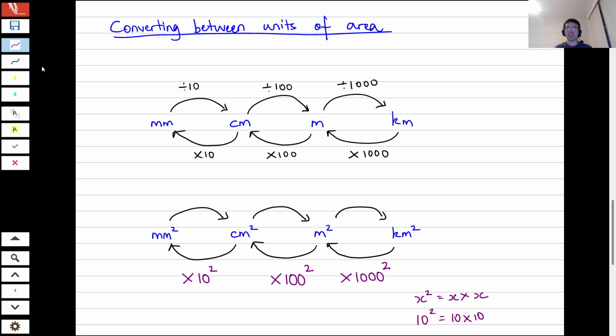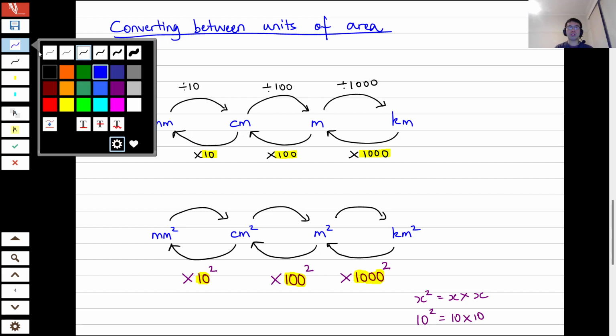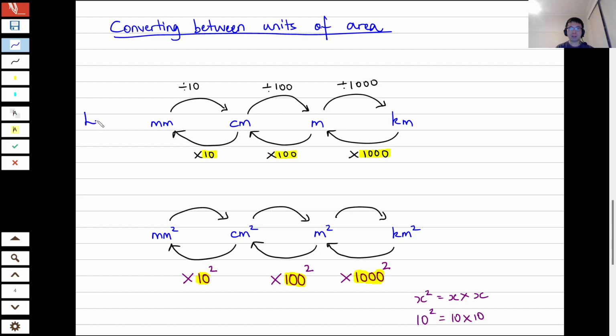I hope you're seeing that these numbers 10, 100, and 1,000 are what are appearing down here as well. All I'm doing when I'm dealing with area rather than length is adding a square to each factor. Now, what if I wanted to go the other way?